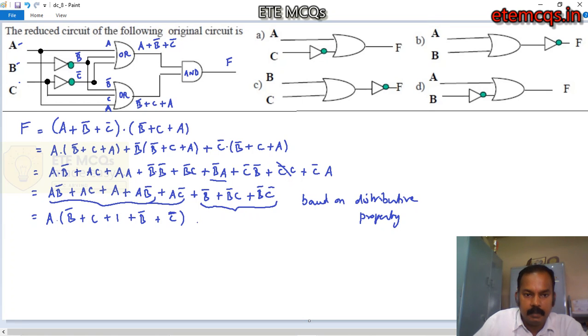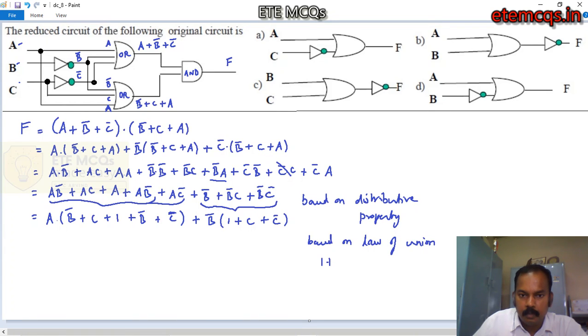And here again, based on distributive property, I'm just rewriting it as B bar, Boolean AND with 1, Boolean OR C, Boolean OR with C bar.